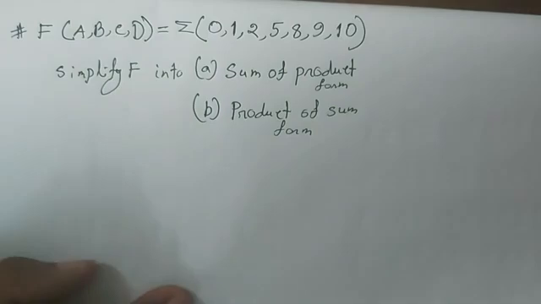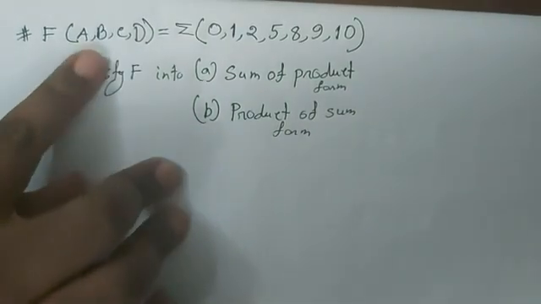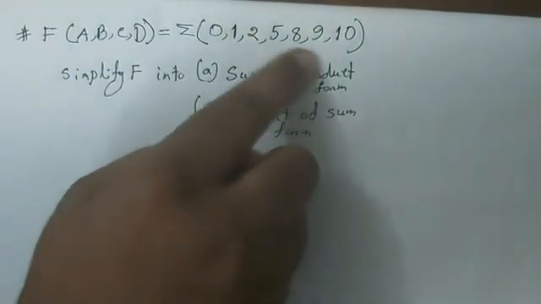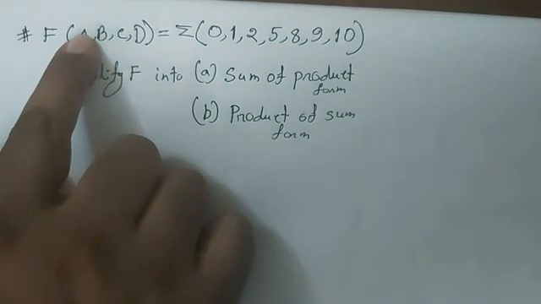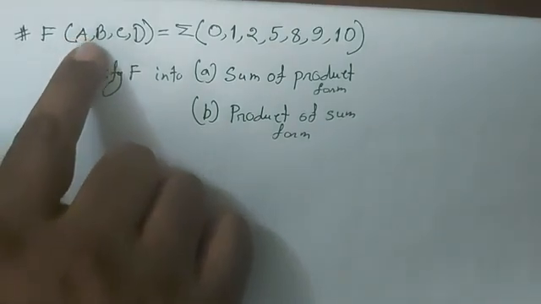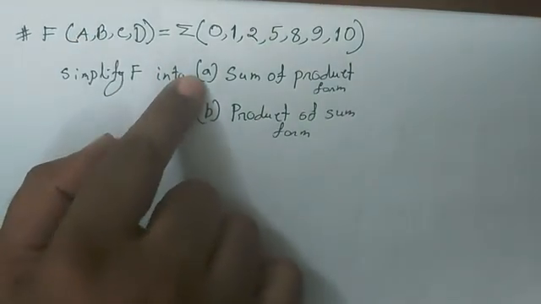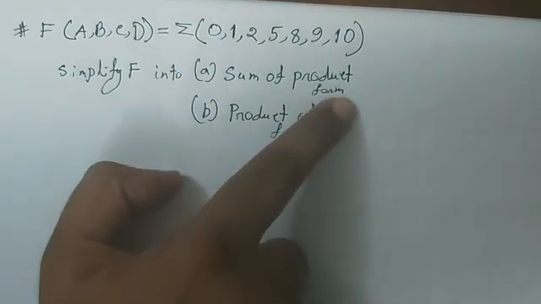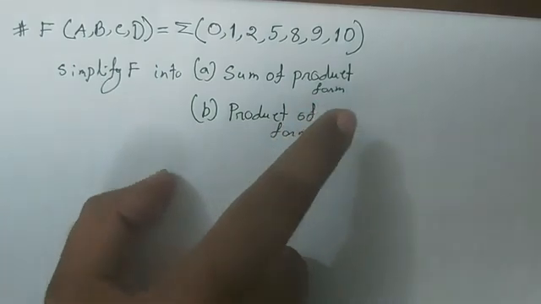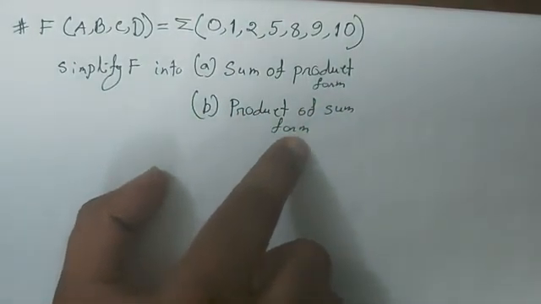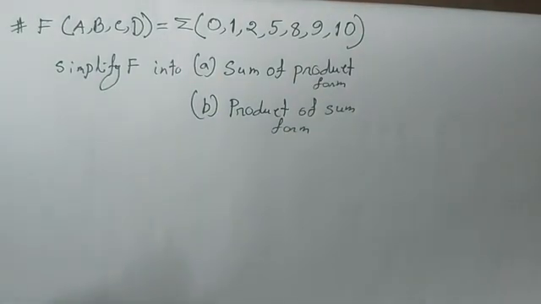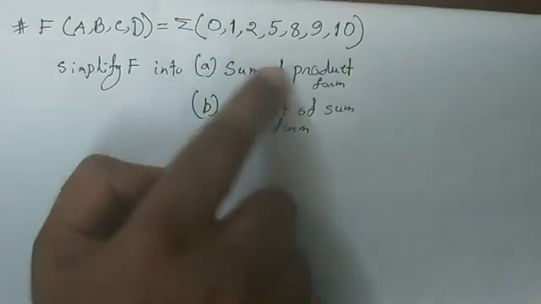So this is an example given. Here a Boolean function is given, and we have to find out the simplified equation, at number a as a sum of product form, and at number b as a product of sum form. Can you do number a first?